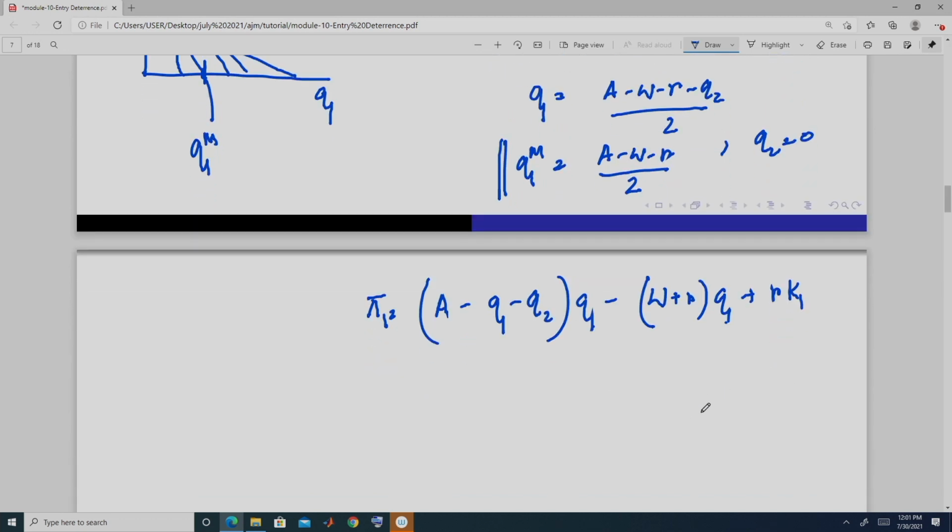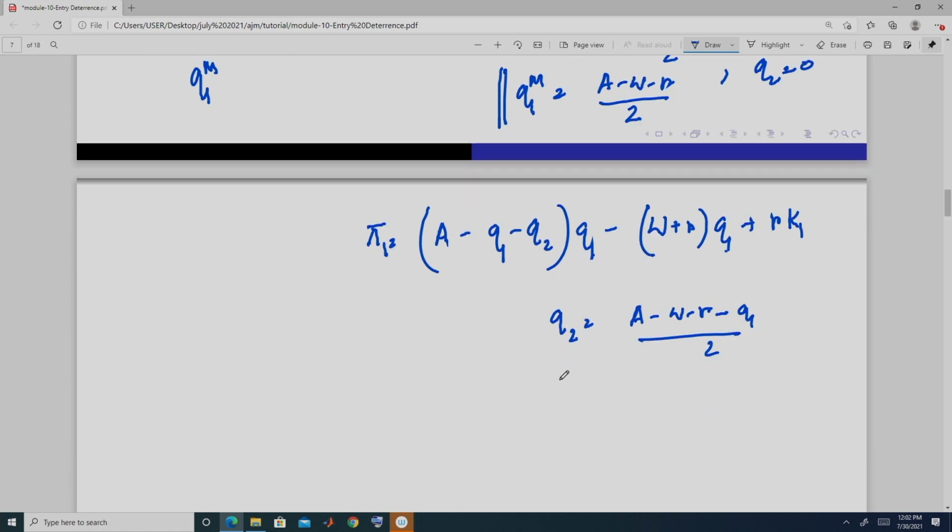So, now here we know the reaction function of firm 2. It is this. Plug in this here, we will get this.